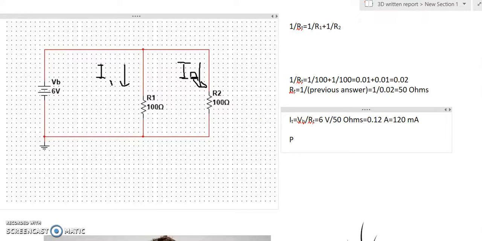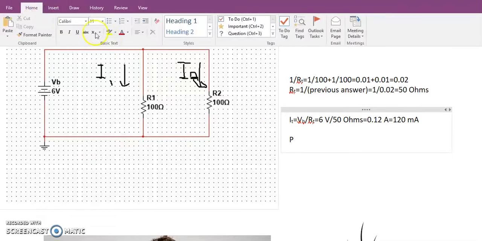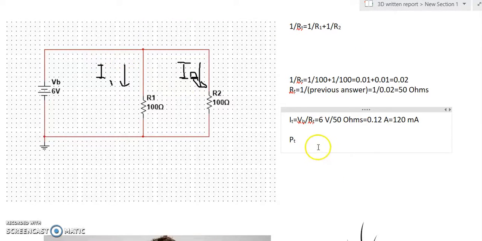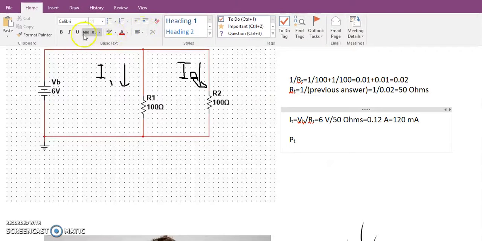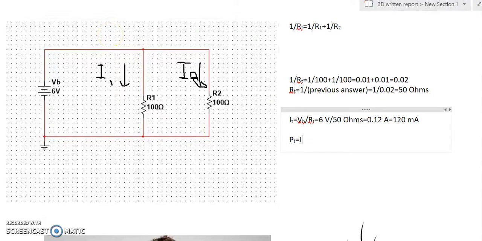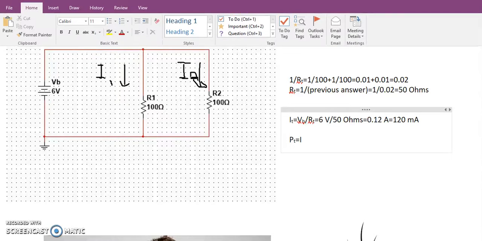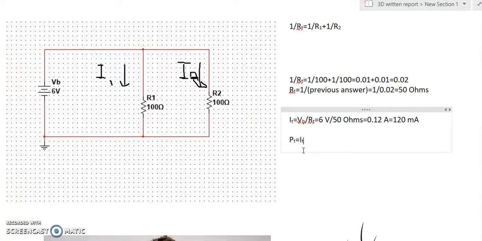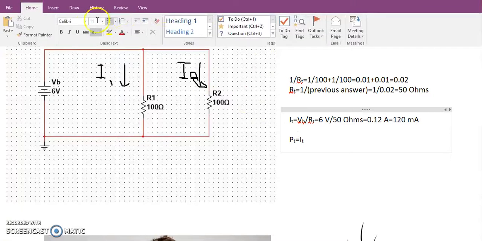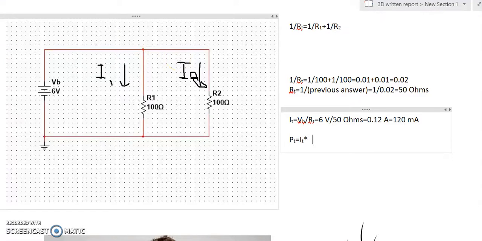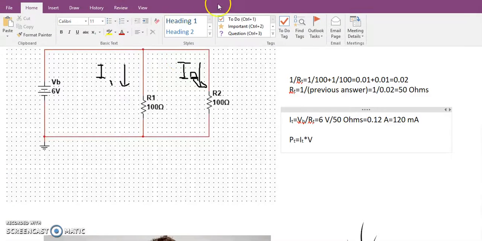Well, power total is going to be I total times voltage of the battery. My total current times my total voltage. That makes perfect sense. And of course, guys, voltage of the battery is your total voltage. You can't have more than what your battery has.